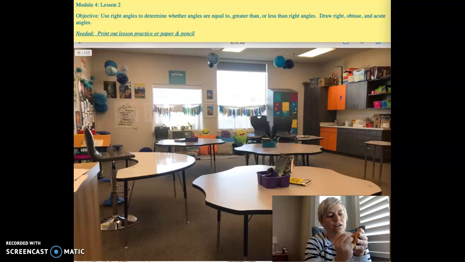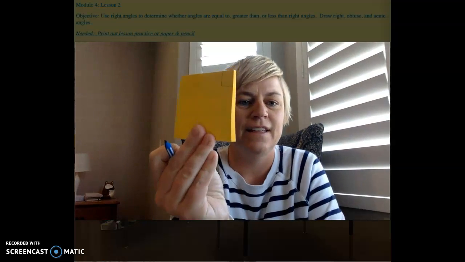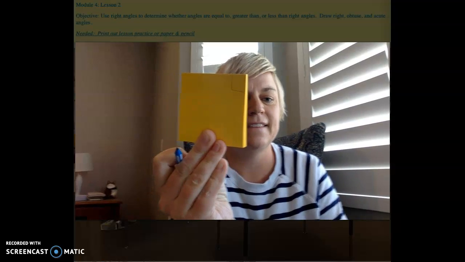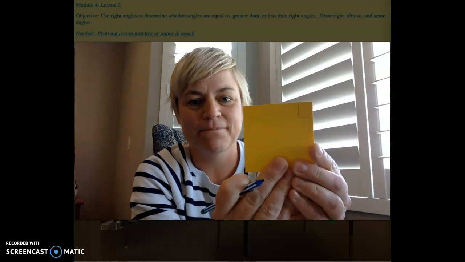So here on my post-it, actually I kind of messed up, hold on a second. Alright, on my corner, I'm going to put this, which shows that this is a right angle. That's the symbol.